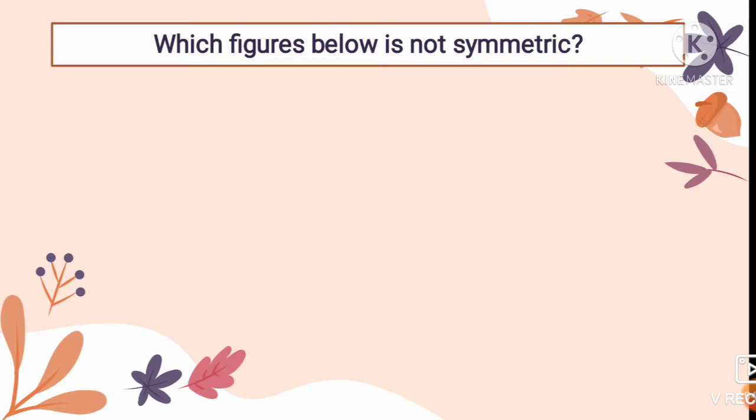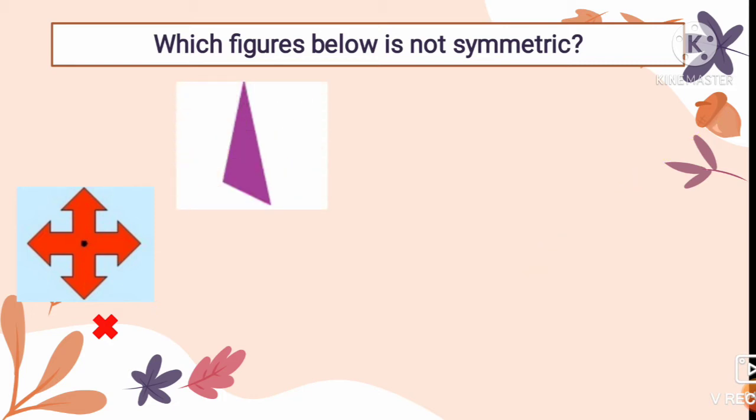So now the question, which figure below is not symmetric? What about these? If we put the line here, here, is it symmetric? Yes, it is. So this is symmetric. They asked for not symmetric, so this is no for the answer. What about this? Is it non-symmetric? Definitely, we cannot fit exactly.